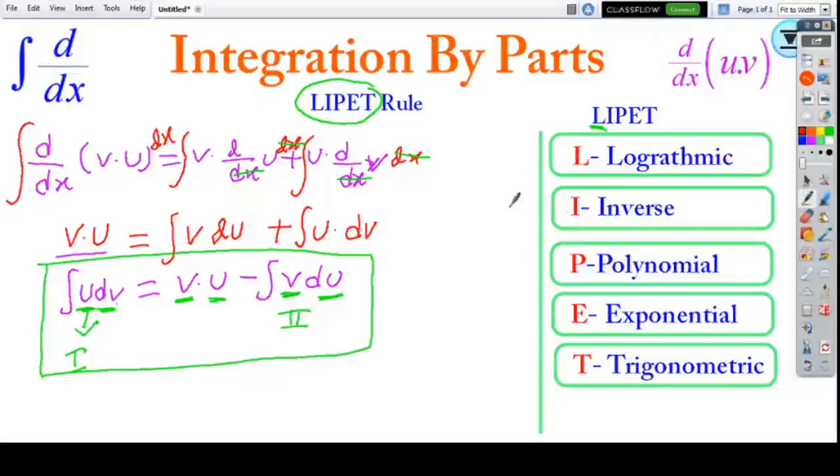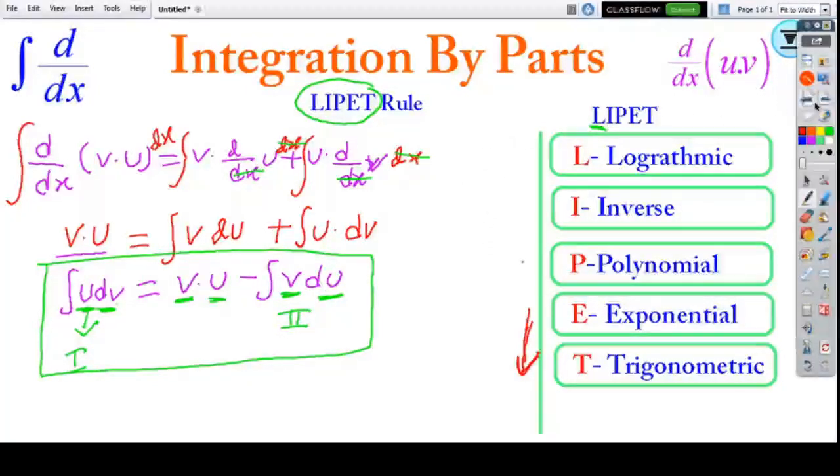Inverse also becomes a polynomial. Polynomial differentiation reduces its term. Exponential does not reduce anything; exponential is always exponential, and trigonometric is always trigonometric. Since they are not changing their nature, we keep them as they are. Here the ones that change their nature are on top.